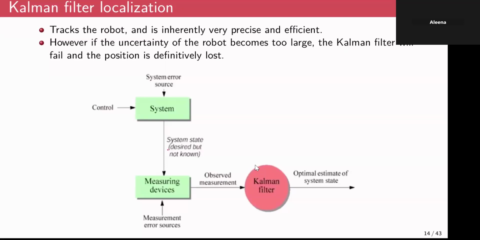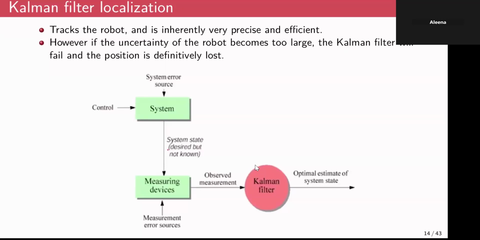This can also happen if you kidnap your robot from its current path and put it in some other position; it's probably impossible for it to estimate its own current position.